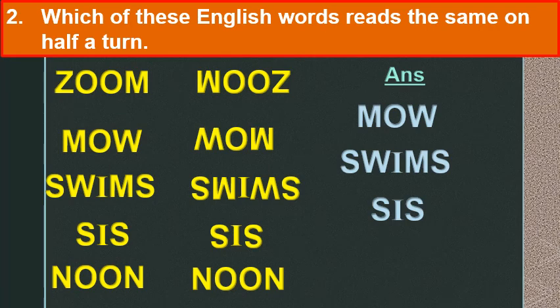And when I give a half turn to NOON, it remains NOON only. So the English words MOW, SWIMS, SIS and NOON read the same on a half turn.